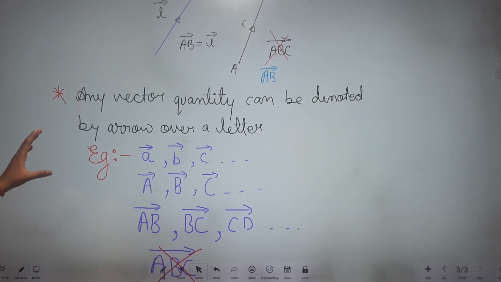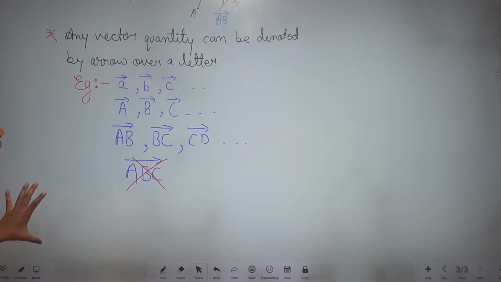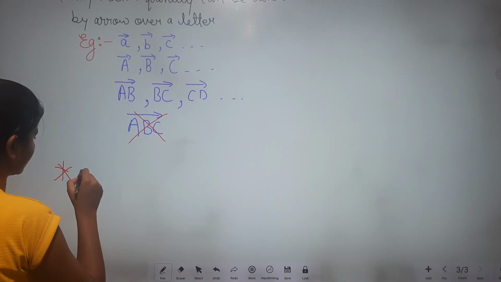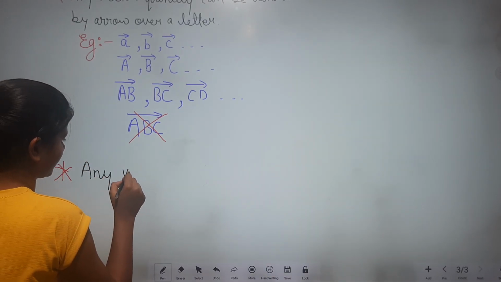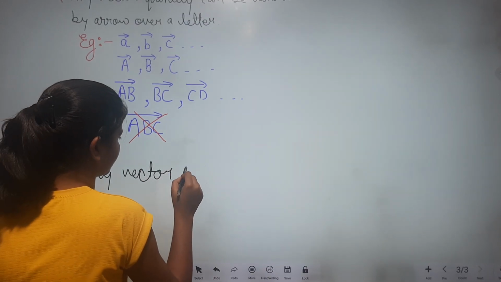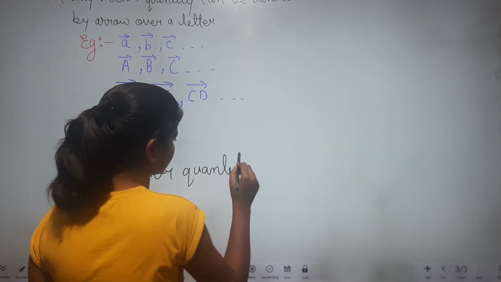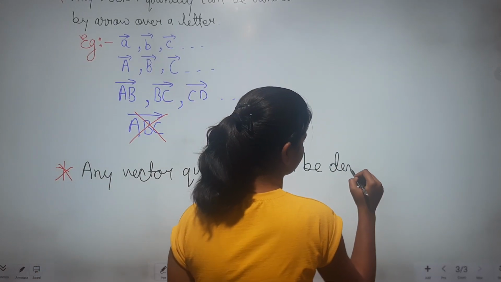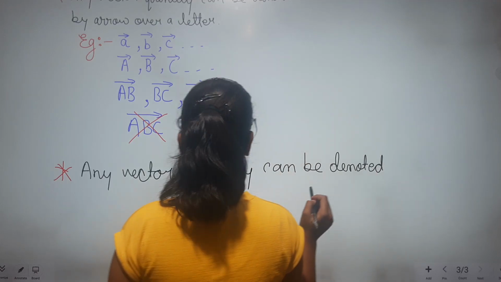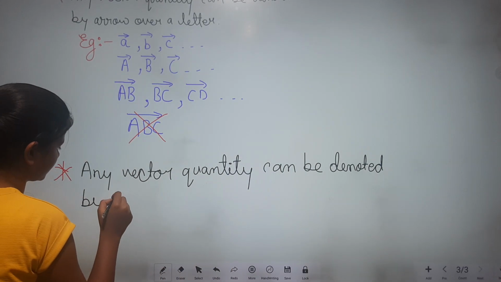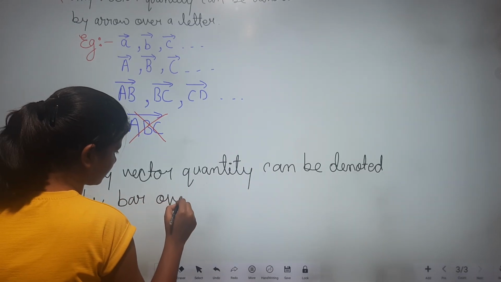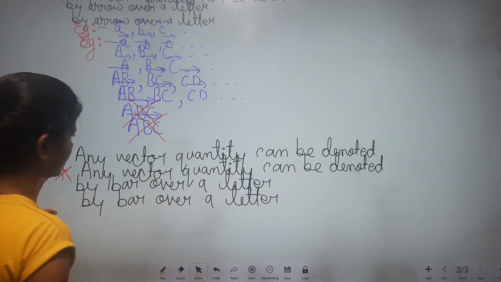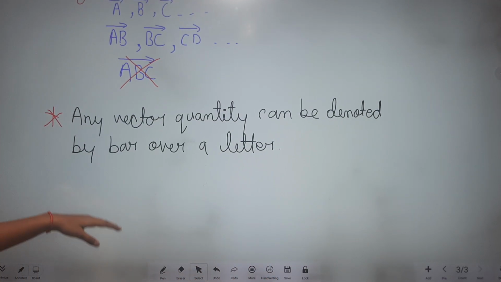So we can denote a vector quantity like this: arrow over a letter, or also denote like this: any vector quantity can be denoted by a bar over a letter, okay. Or you can also denote a vector quantity by a bar over a letter, okay.